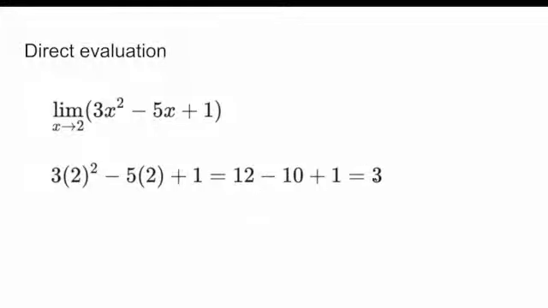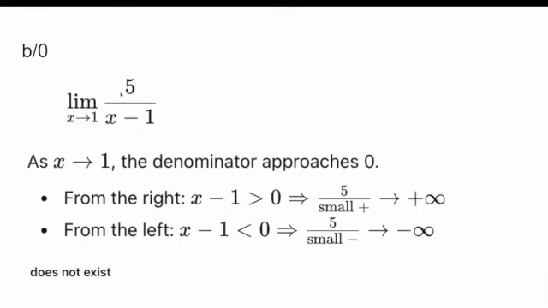So if we get a real number after just substituting, that means we found our limit and it's done. So always try substituting the number in first and see if you get lucky. If you don't, it's probably one of these other types of limits.